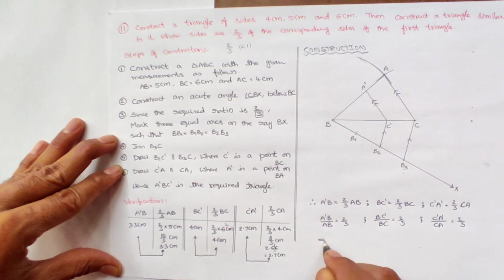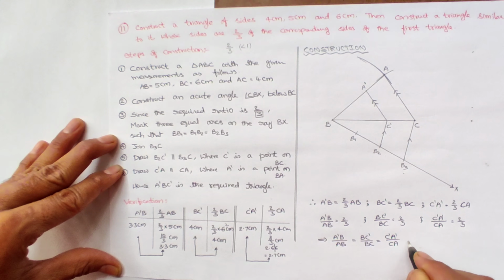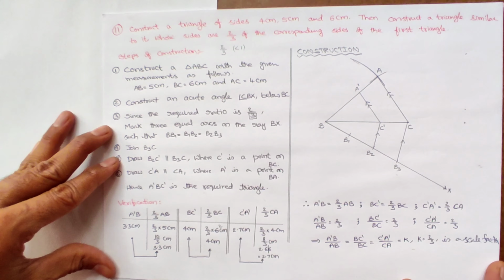A dash B by AB is equal to BC dash by BC is equal to C dash A dash by CA. All are equal to a constant K, where K is 2 by 3, also called a scale factor.